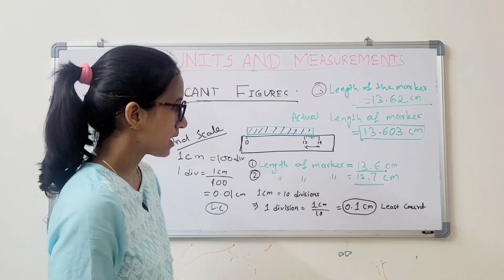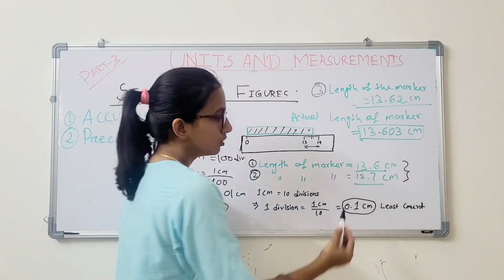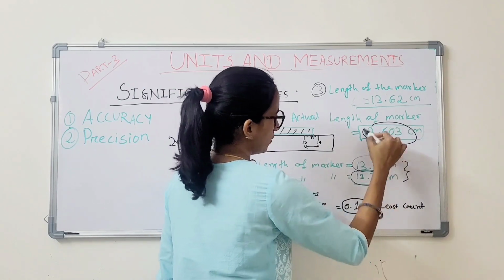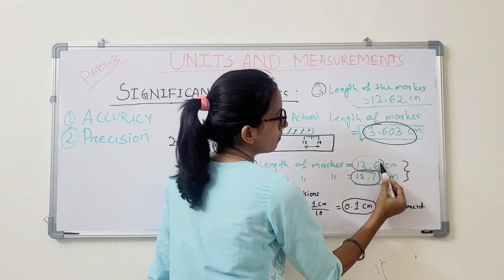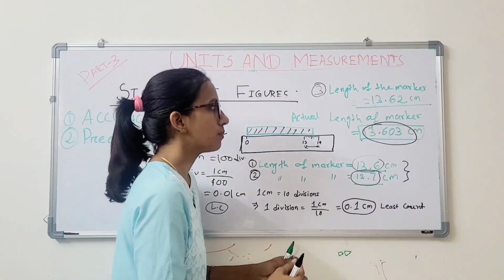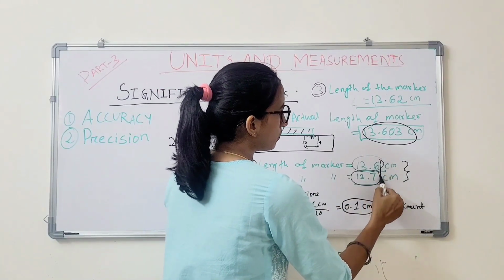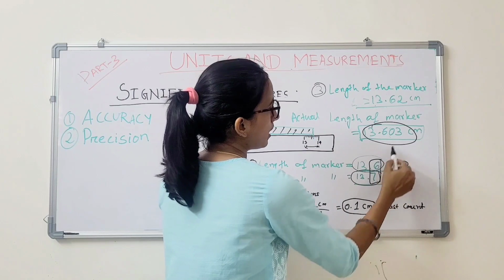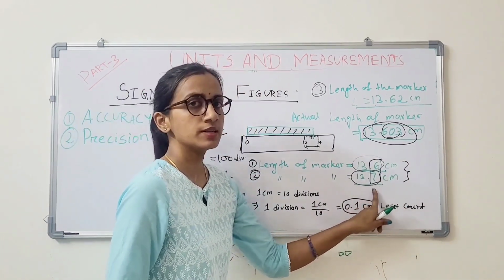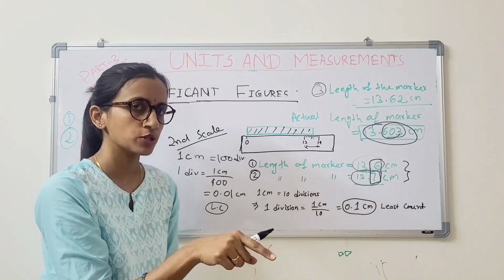In these cases what happens? In case 1 and 2, although the observations are close to the true value, their precision, meaning the value up to the minimum value that has been read, is limited. Here you can read up to the first decimal number. You can't read up to 3 decimal numbers. So here precision is less because the scale you are using has lesser precision.